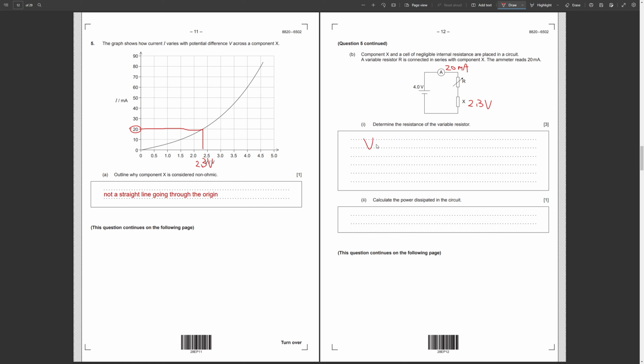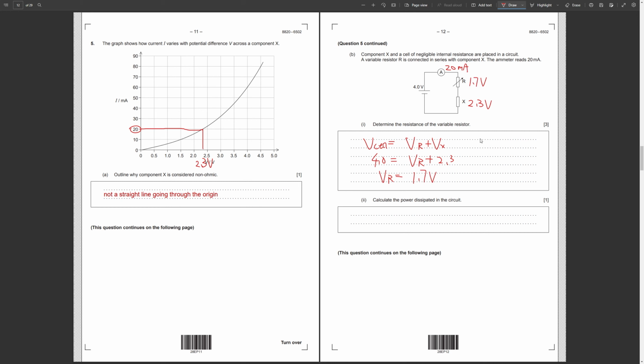The potential difference of the cell is equal to the potential difference of R plus the potential difference of X. So it is 4.0 equals unknown plus 2.3. Variable resistor, and right now its voltage is 1.7 volts.